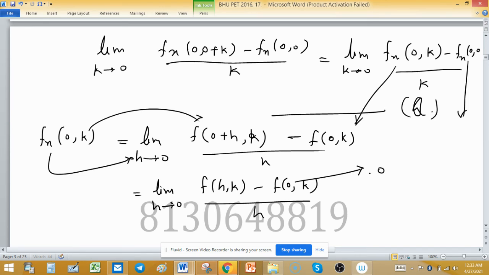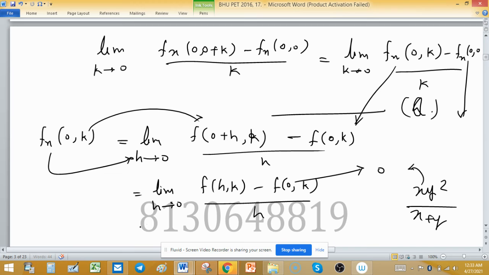This will go to 0 by the defining way of the function f(x,y). One coordinate is 0, because the function is defined as xy squared divided by x plus y. If one coordinate is 0, in place of x is 0, then the entire thing will be 0.